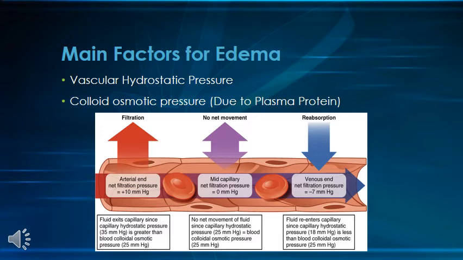If reabsorption is slow due to decreased osmotic pressure, then accumulation of excessive fluid in the interstitial spaces occurs. So these two mechanisms, increased hydrostatic pressure and decreased osmotic or oncotic pressure, will cause edema. So here is a diagram, hopefully you can easily understand these things.